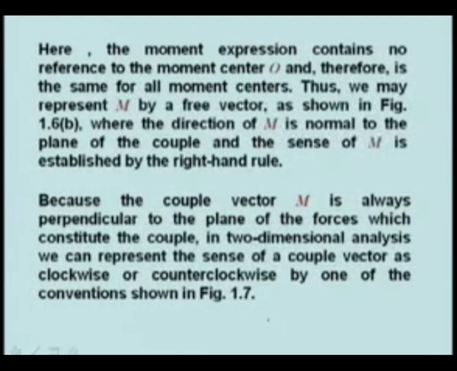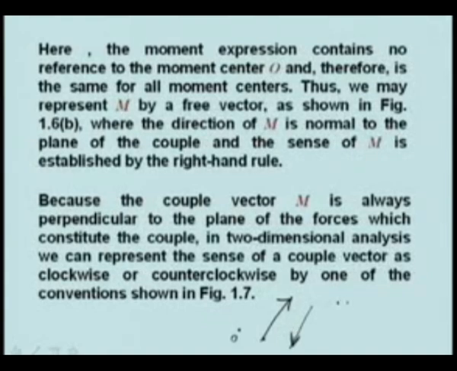So, M is a free vector, that means suppose this is a couple, these are the two forces. Their moment M is a free vector, it is not acting at any particular location. Even if we take any point O, about that we find the moment, that is the same.